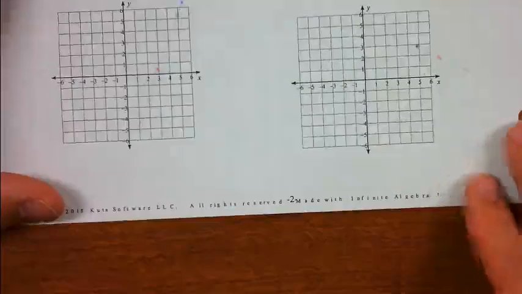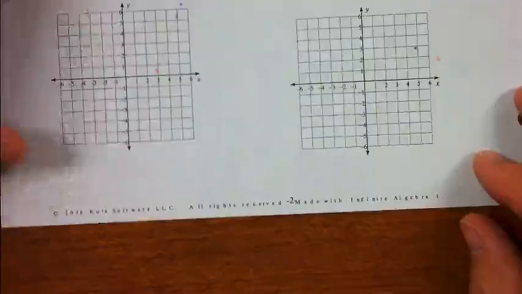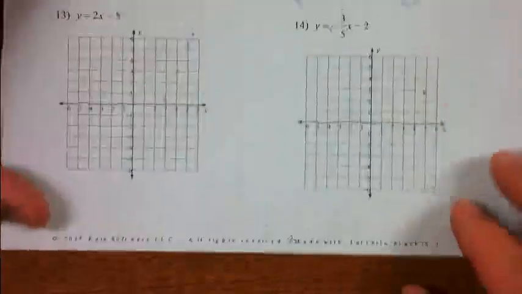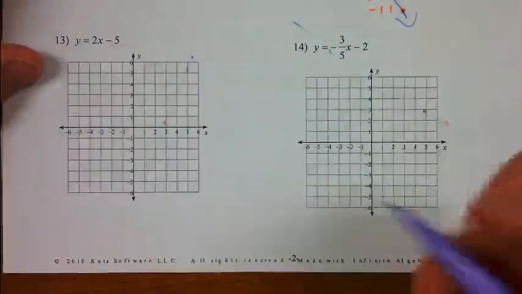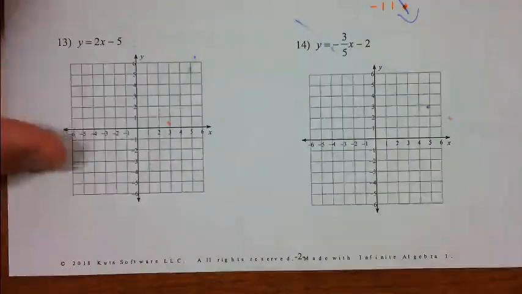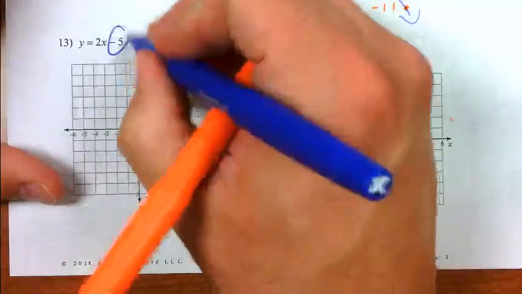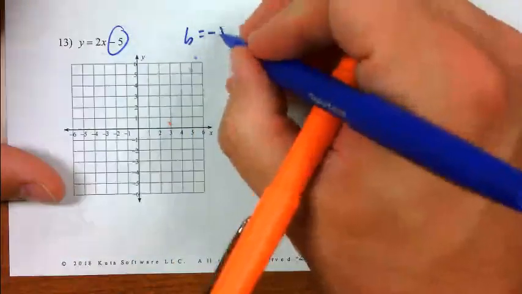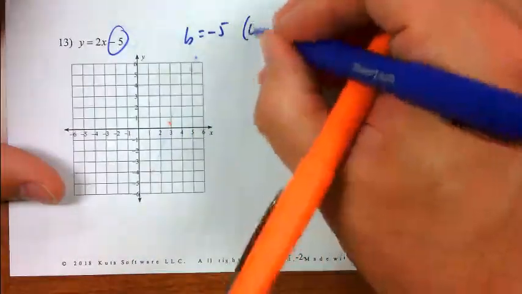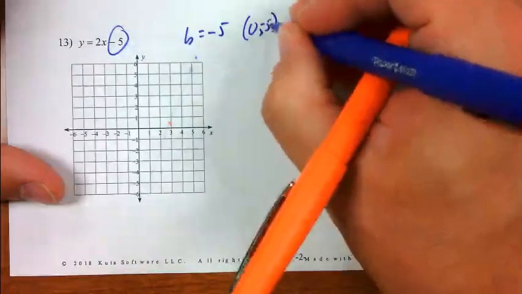All right, last two. I believe these two fit on the graph if you just graphed with the slope that was given. So these two are a little bit easier actually. So if we have our starting point here, which is our b value, our y-intercept, this is -5, which is a point at 0, -5.